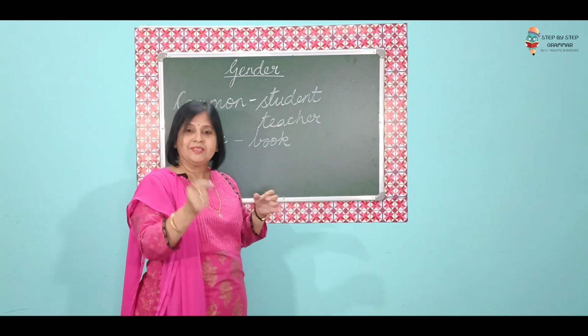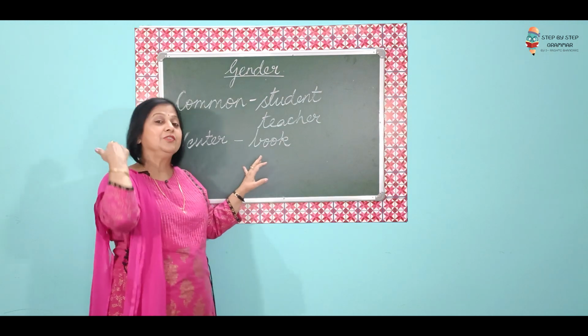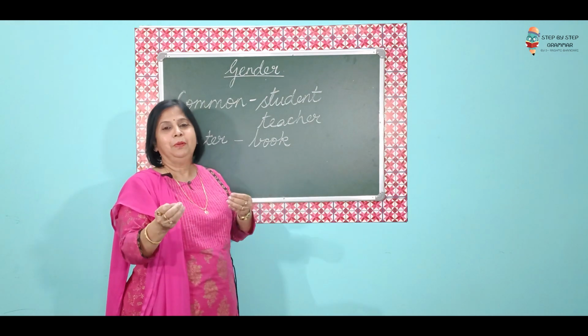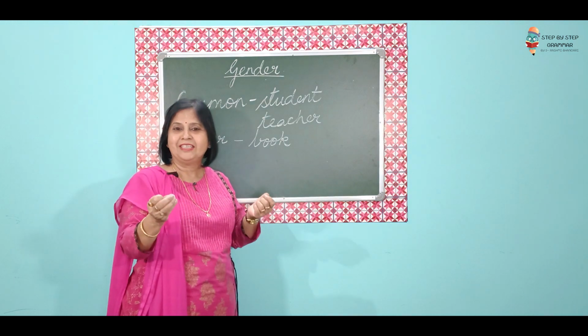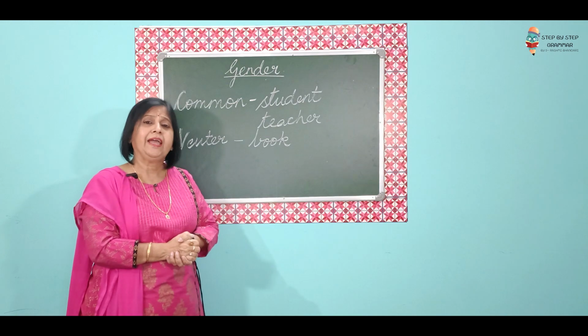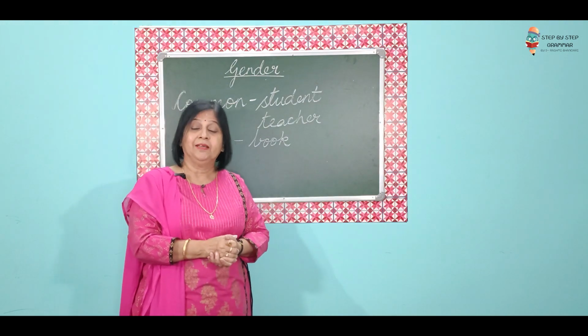So these are some exceptions. Otherwise, as a rule, neuter gender is used for non-living things, plants, and smaller insects and creatures.